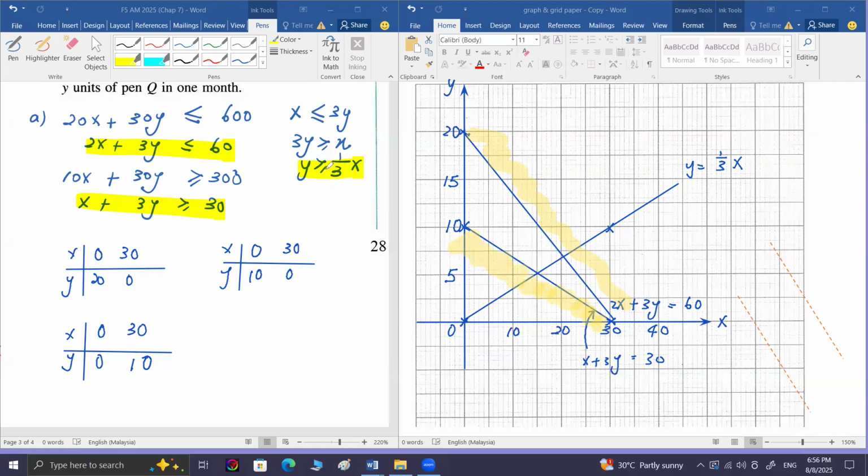And this line is greater also, so on top, here is out. And then after that, you look at the question there. x greater than 0 means to the right, here out. y also greater than 0 means on top, this part out. Then can we see clearly? The region that is needed is here.